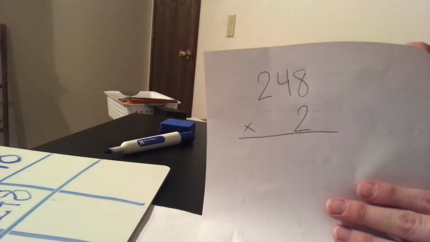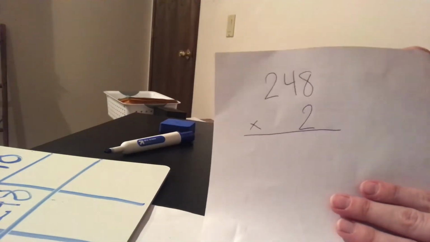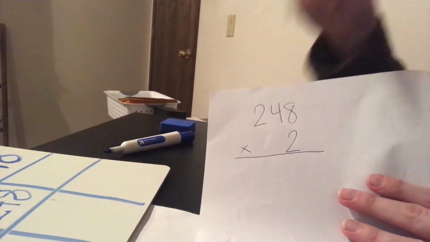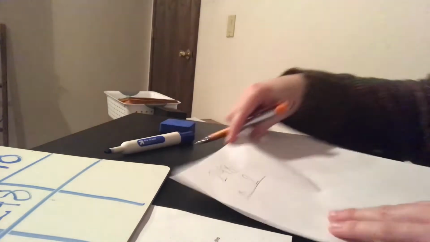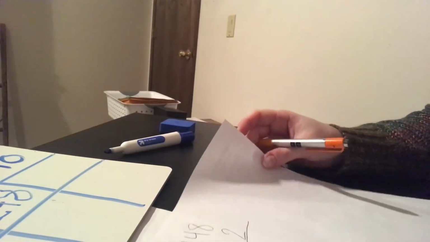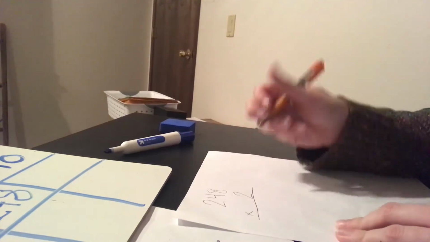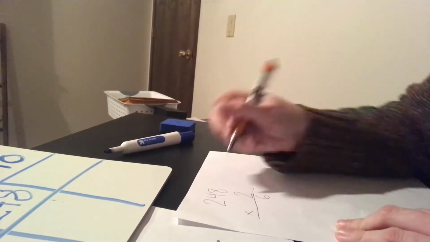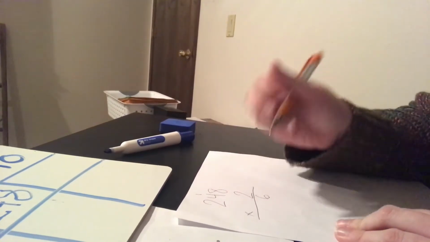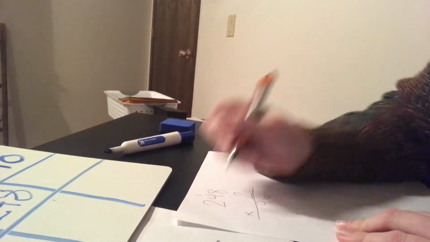It's how I set it up, multi-digit by single-digit multiplication. 8 times 2 is 16. I carry my 1. 4 times 2 is 8, plus 1 more is 9. 2 times 2 is 4.